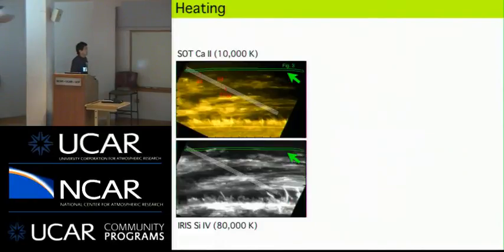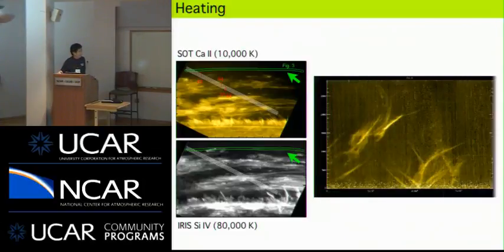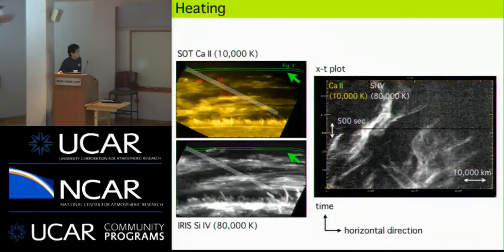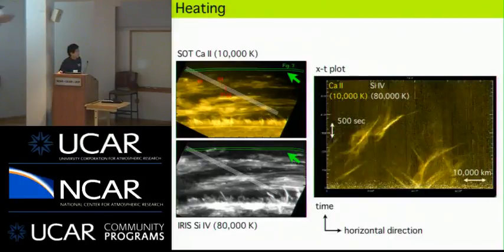So I investigated that. To avoid the line of sight superpositions, I picked up this region, this white green region, and made a space-time plot like this. The yellow one is a lower temperature taken in the calcium line, and the white one is a silicon line. The horizontal axis is a horizontal position along this, and the vertical one is time.